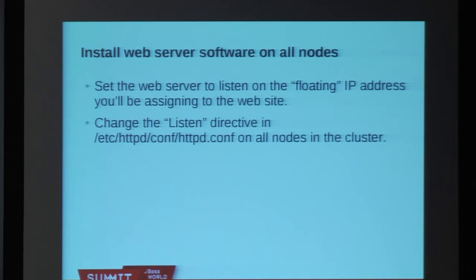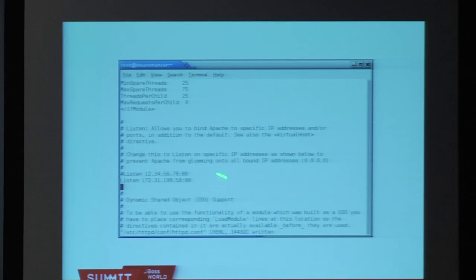What you're going to need to do is configure your application to listen on the IP address that you're going to define as that virtual IP address. In this case, I edited the httpd.conf file, and I set the Listen stanza, so it says only listen on the IP address that I'm defining as my floating IP.